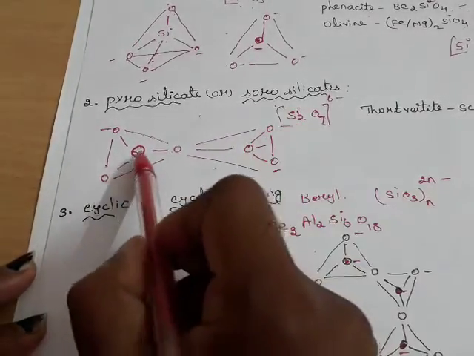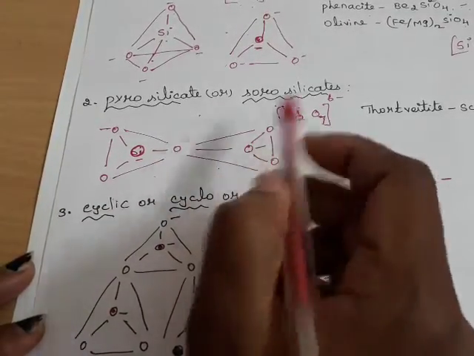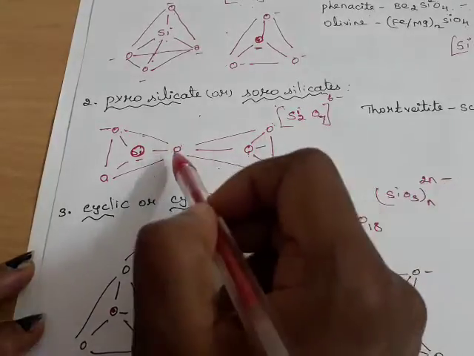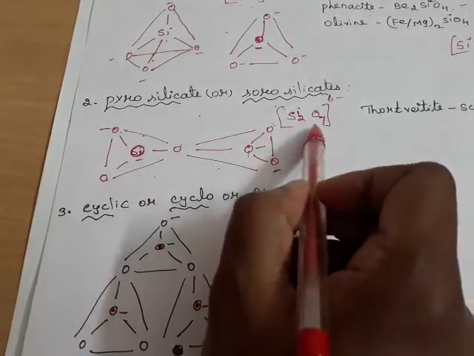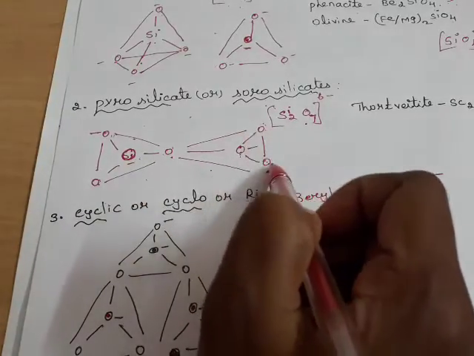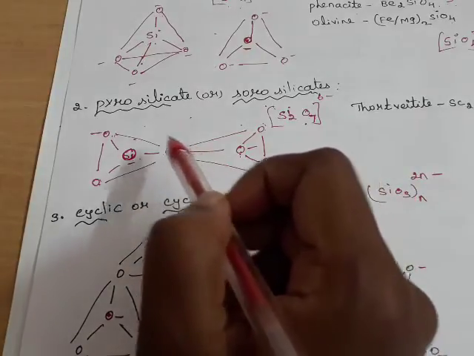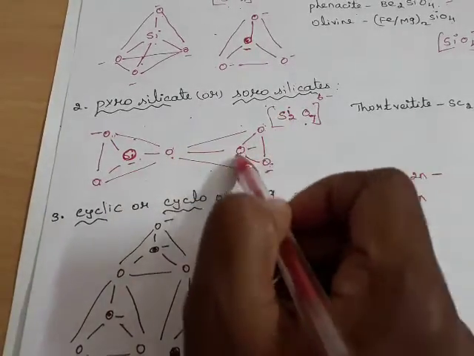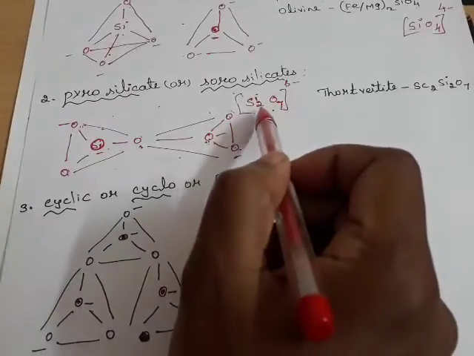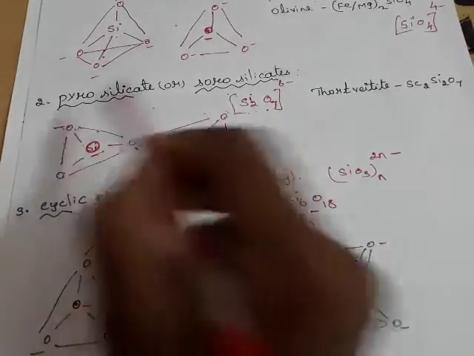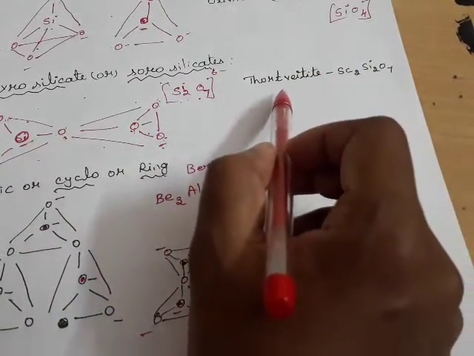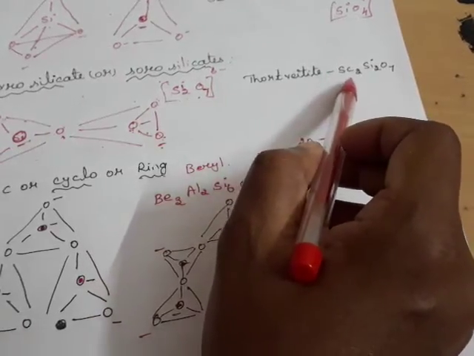The formula is Si2O7: here one Si, here one Si, and 7 oxygens in total, with one common oxygen shared. So 2 silicon and 7 oxygen give 6 minus ions. The example is thortveitite, Sc2Si2O7.